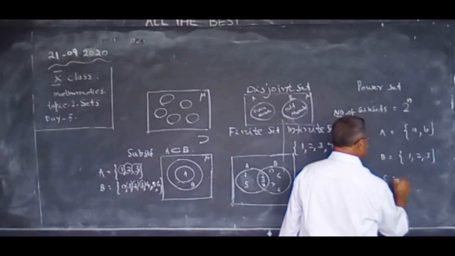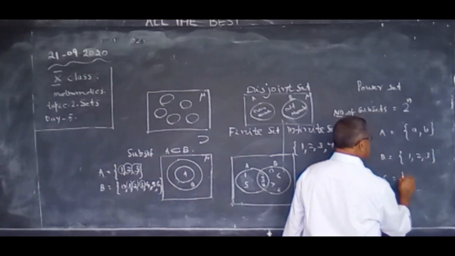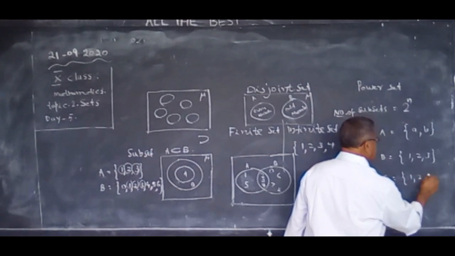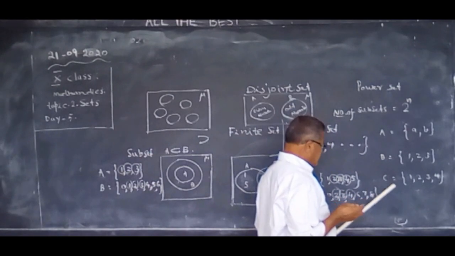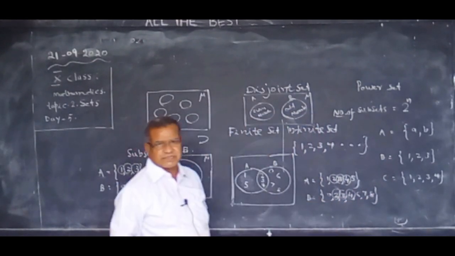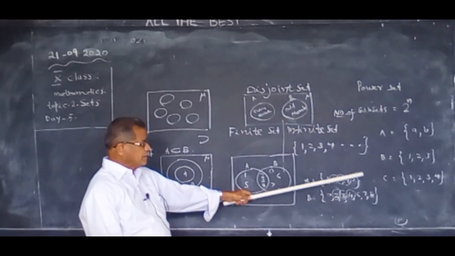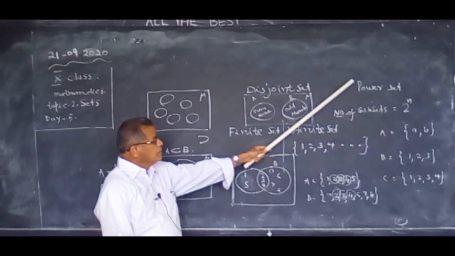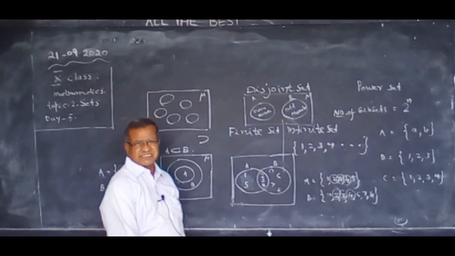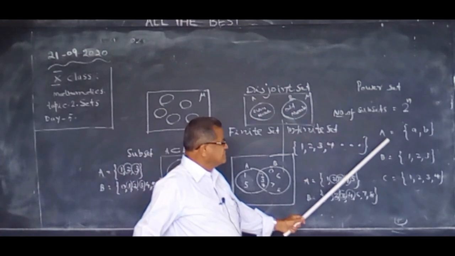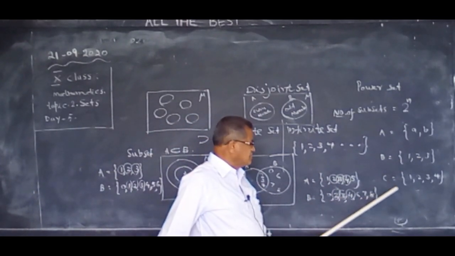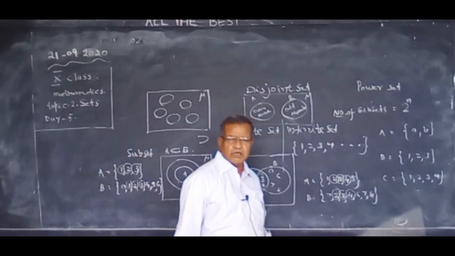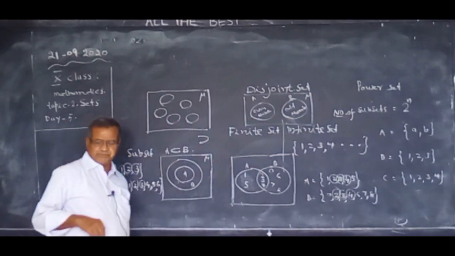Set C has 4 elements, write 1, 2, 3, 4. See how to write the subsets. If a set contains 2 elements, 3 elements, 4 elements, now I will explain.